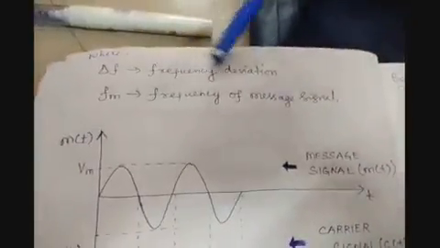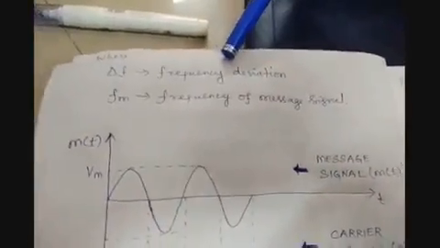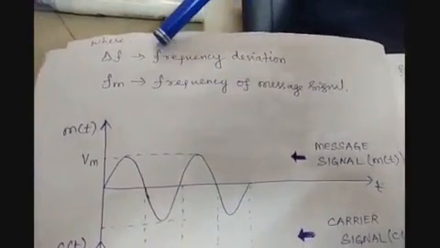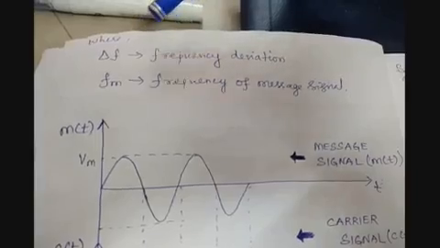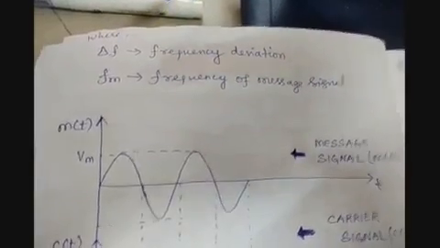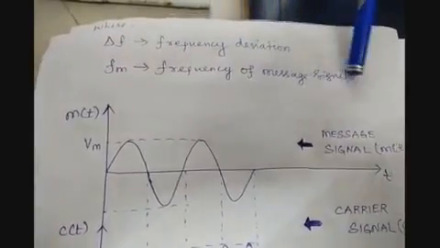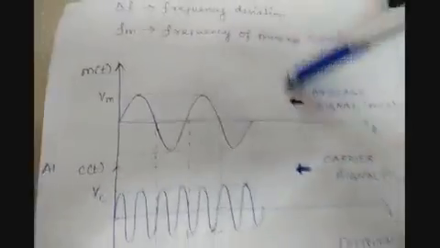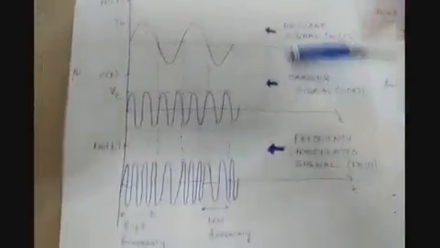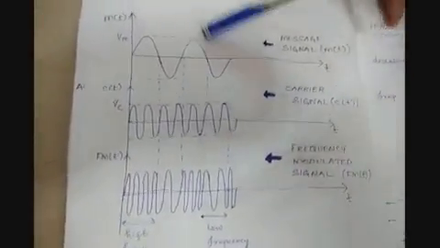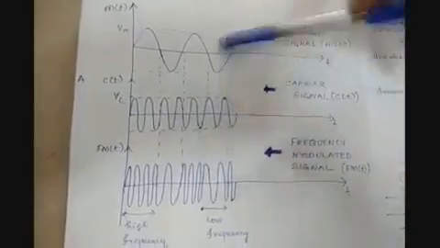We'll discuss this modulation index later. Del f means frequency deviation, which is how much the carrier frequency is deviated, and fm is the frequency of the message signal. And these are the waveforms, message signal and carrier signal. These both signals are the same.